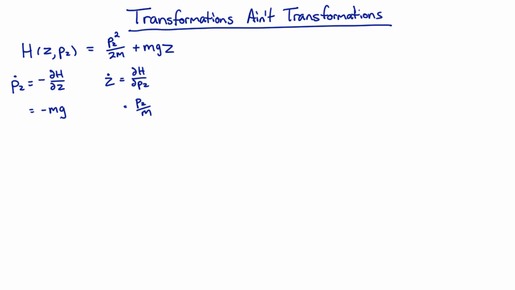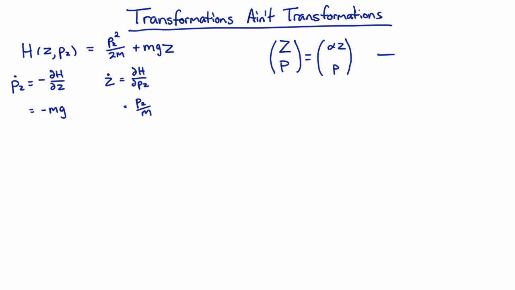Now supposing we're going to make a transformation. We're going to go to capital Z and capital P, and these are going to be almost the same as the old z and p. We're just going to scale the z, alpha little z, and P is going to be exactly the same.